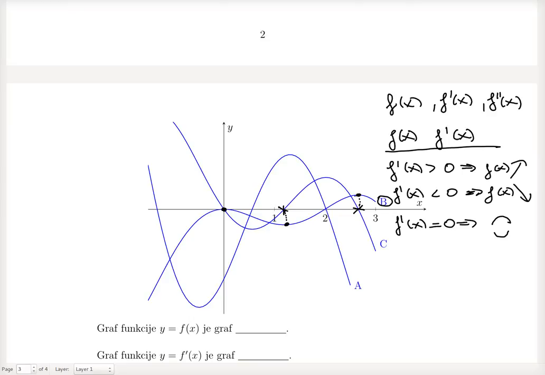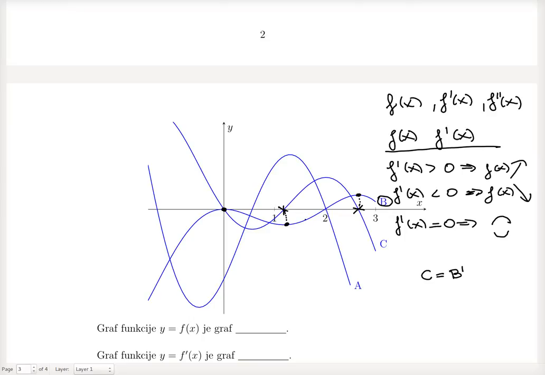Okay, so from this we figured out that C must be B prime, because where B has maxima and minima, C has zeros.